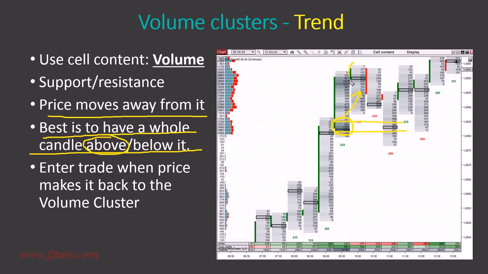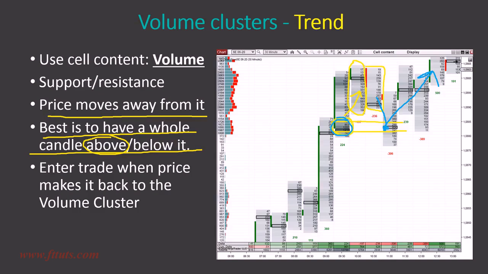In this case, we have two candles, this one and this one. The whole candle, the body and the wick, are above this support zone. And now we are waiting for a pullback. You are waiting for the price to make it back to this level.